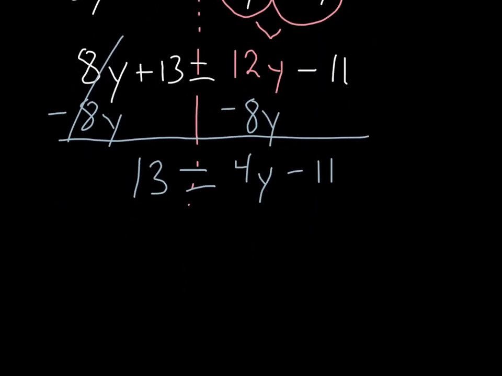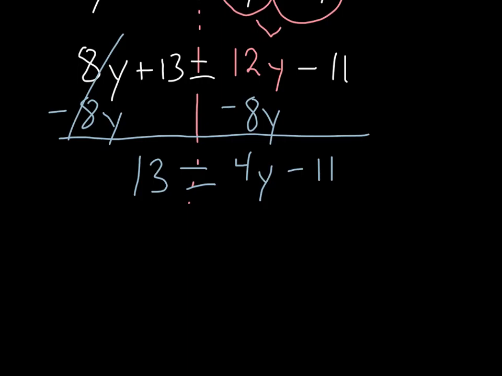Okay, I need a little more room right there. So now this should look familiar. This looks like a regular two-step equation because I have multiplication and I have subtraction, the two operations that create a two-step equation.